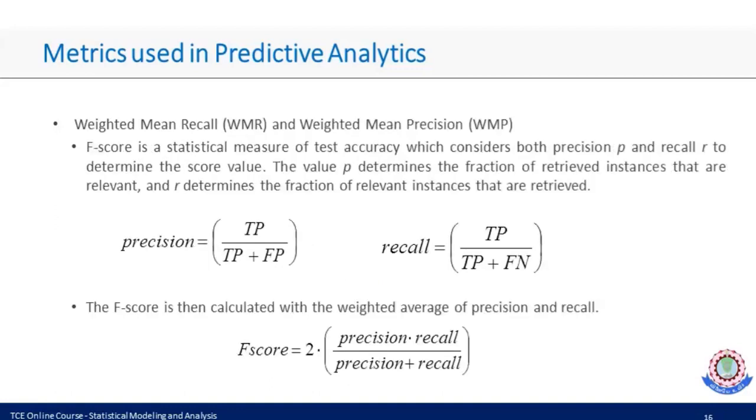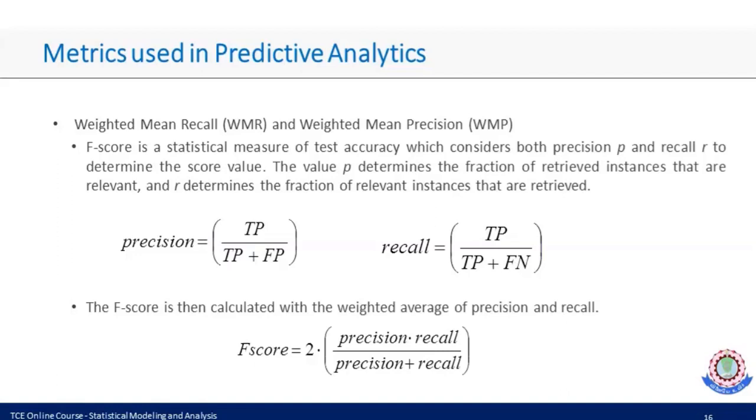And the next is weighted mean recall and weighted mean precision. In general, we use F-score, which is one of the statistical measures used to test accuracy, which considers both precision and recall to determine the estimated score value.